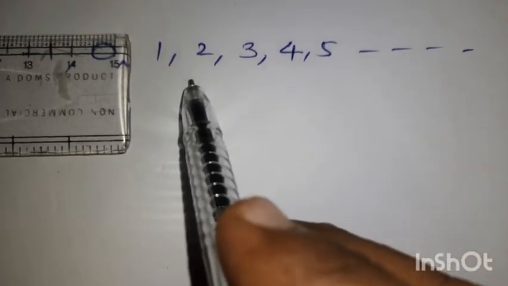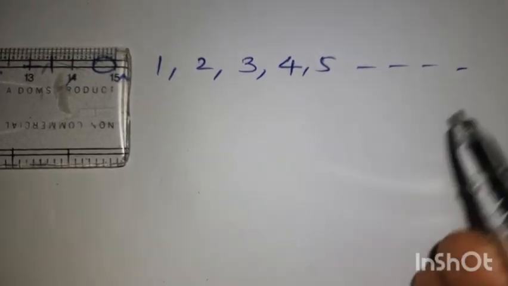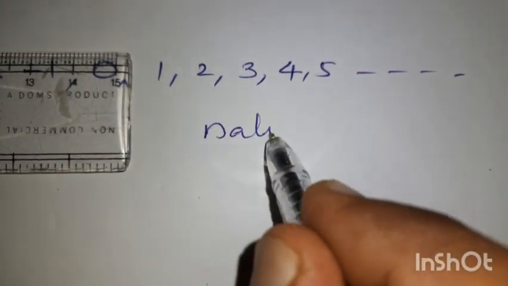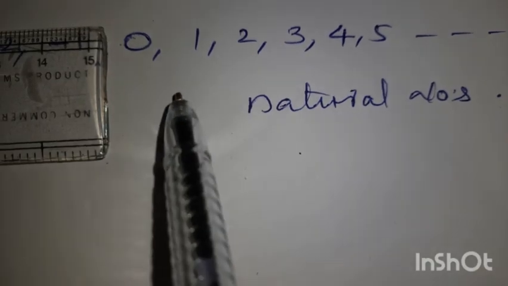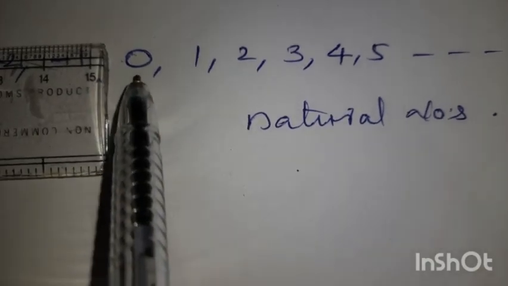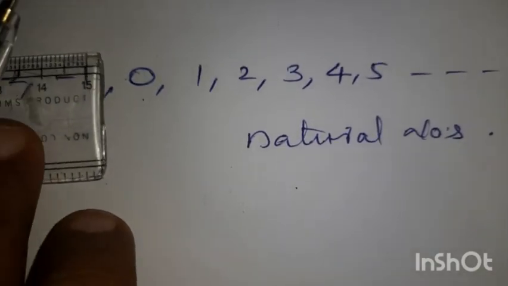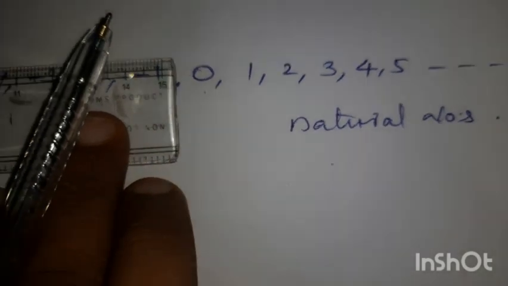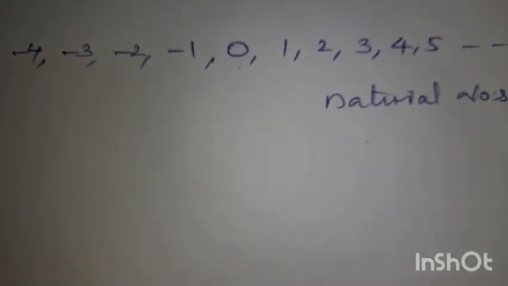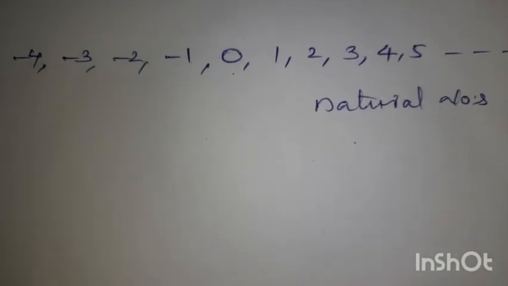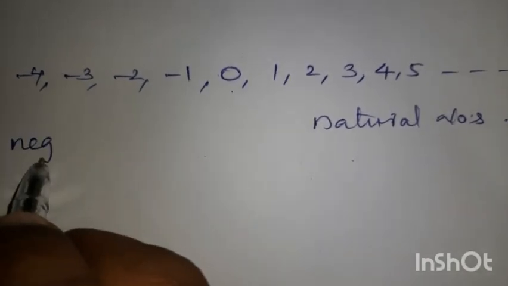You are familiar with these numbers 1, 2, 3, 4, etc. They are called natural numbers. There should be some numbers before this also: 0, and we'll get minus numbers on this side. You can call them negative numbers.